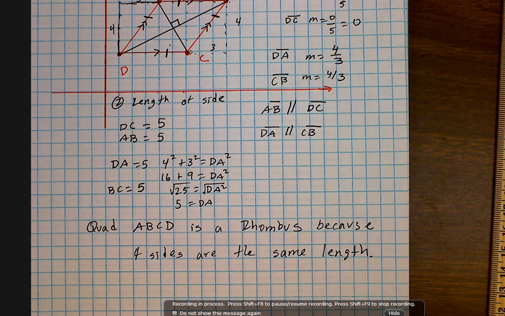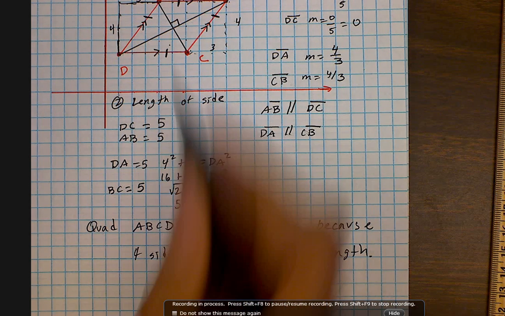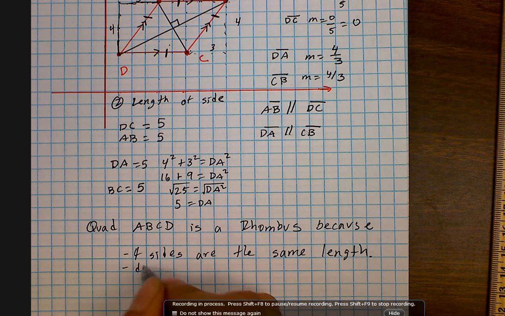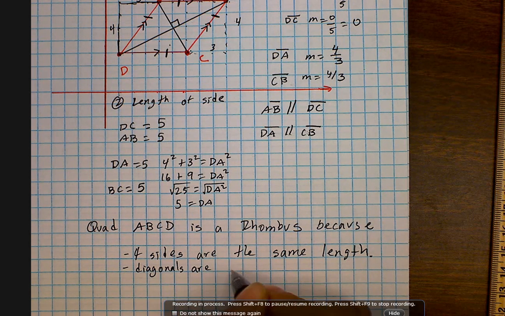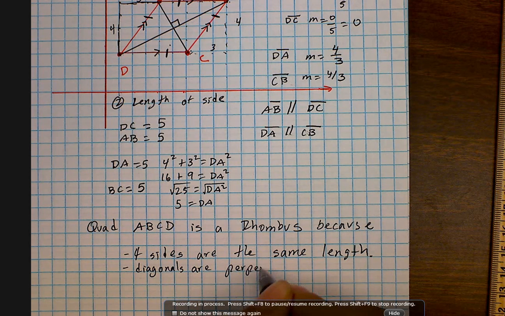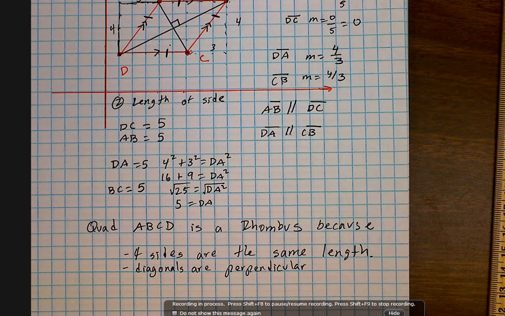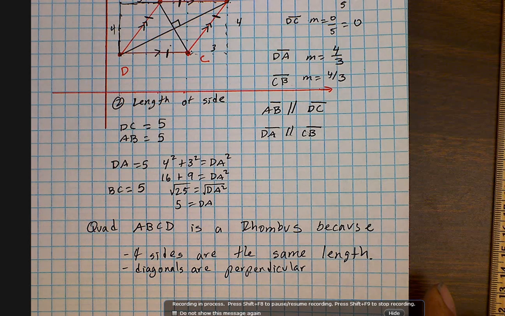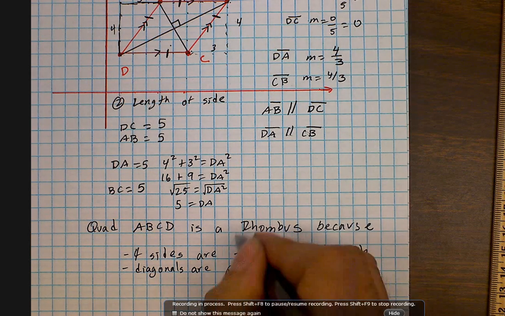And you have four sides that are the same length, and you can also say that diagonals are perpendicular. Okay. And if you want to go more in depth, you can just say that diagonals bisect each other. Okay, and that is a rhombus. Okay, so we already classified that one.